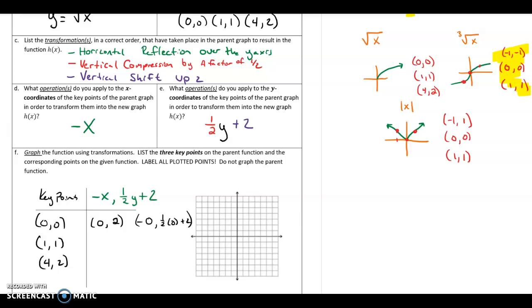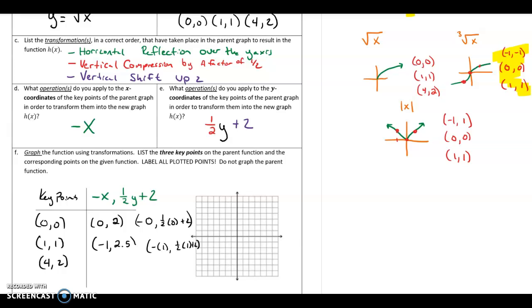Again, 1, we're going to flip it over. We're going to make that -1. So it would be -1, and then 1/2 times 1 plus 2. Well, half of 1 is 1/2. 1/2 plus 2 is 2.5. So we can use a decimal here.